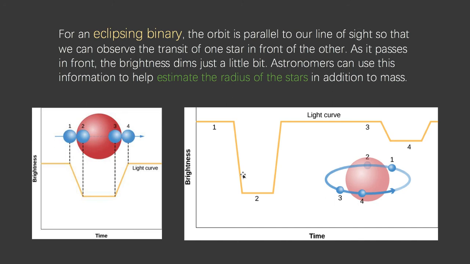So binary star systems, just in summary, are very, very useful. By studying the periods and using the laws of gravity, we can weigh the stars so we can have some idea of how massive these stars are. And then in this case here, we can also determine something about their radius, at least relative to one another. We can see about how many times bigger one star is than the other.